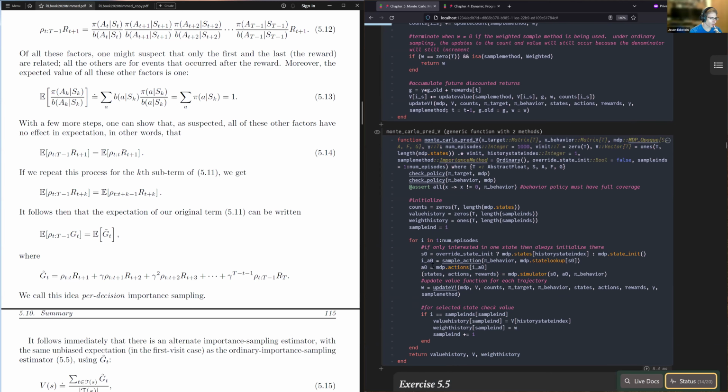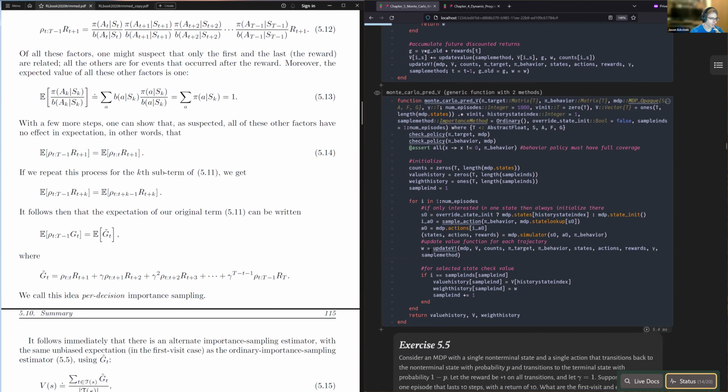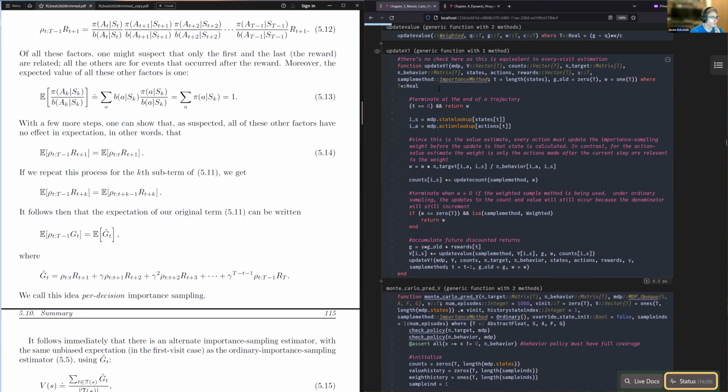Yeah, so when you do off policy prediction with V, with the value function, for the update step, there is this difference in the order in which you update the weight.